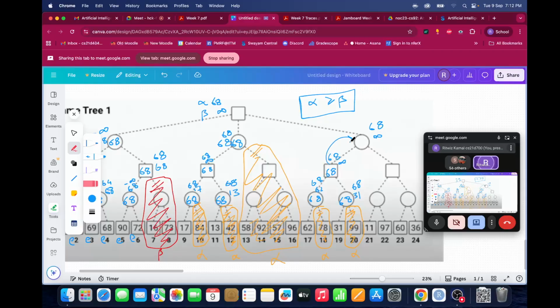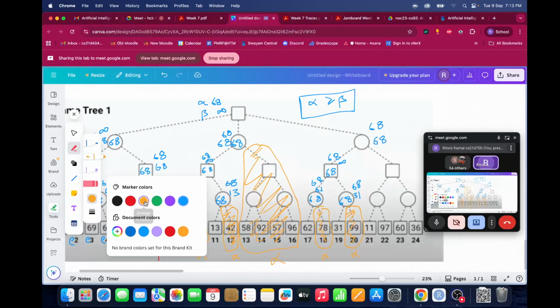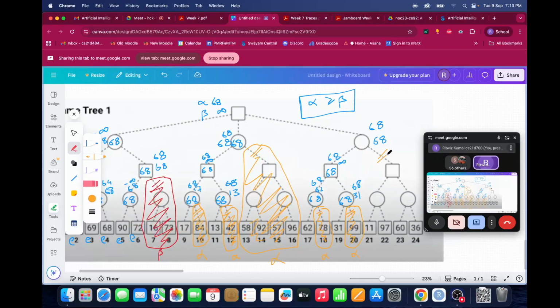This will return 68 to this min node, which will again result in the beta getting updated to 68. Again a cutoff. Again alpha, correct. This will be cut off, and the whole subtree will also be cut off.